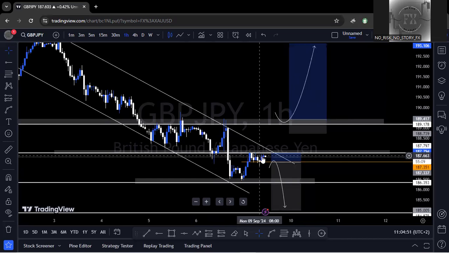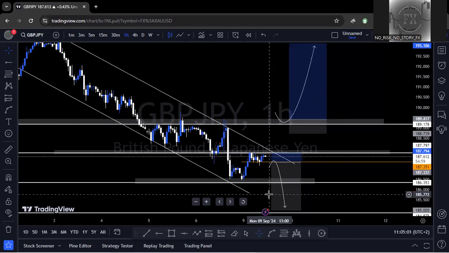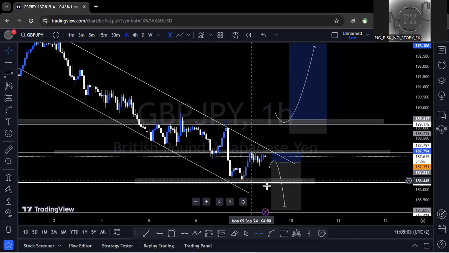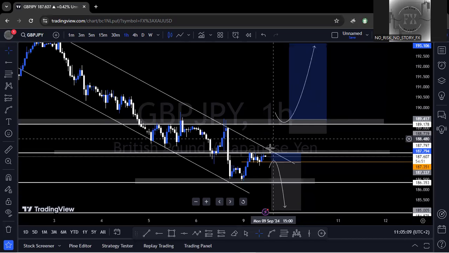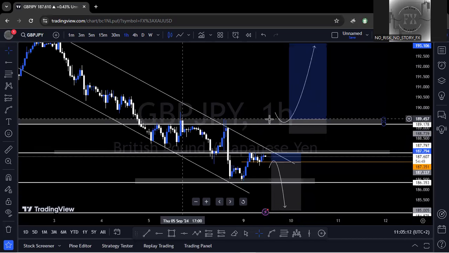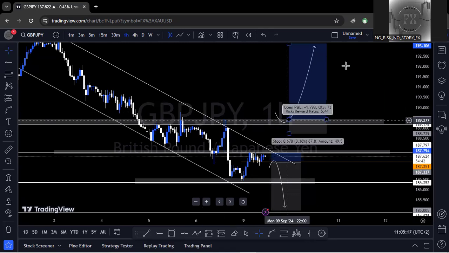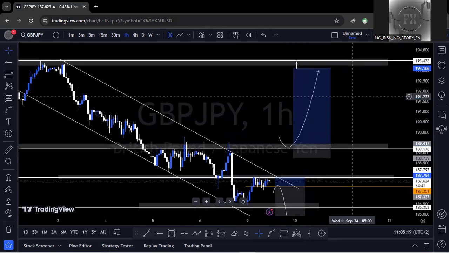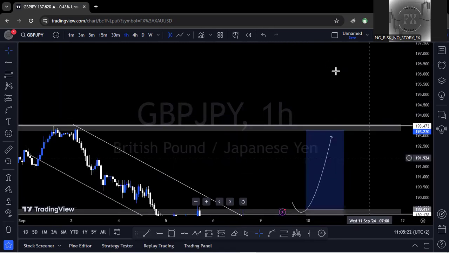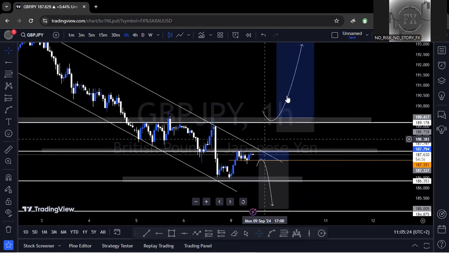So the market can respect this resistance by coming back here to sell and break this newly formed support, or the market can just continue buying, break this resistance, then break this major resistance here to then go back into the consolidation area to buy the market. So this is scenario number 2.